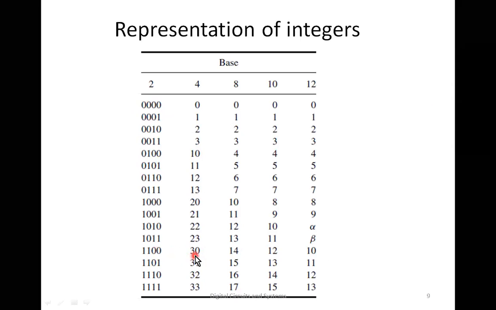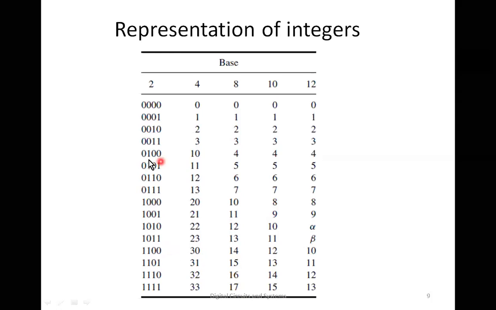If you use the base 4 system, the last apple will have the number 30. If you use the octal system, the last apple will get number 14. If you use the decimal system, the last apple will get number 12. For the base 12 system, the last apple will get number 10. And the last apple will get 1100 in the binary system.